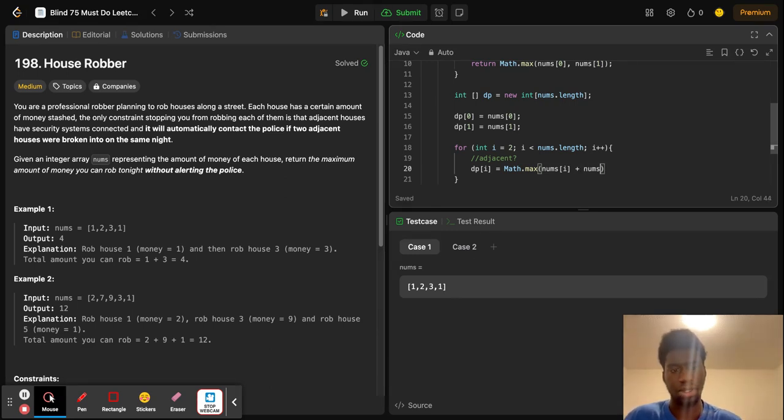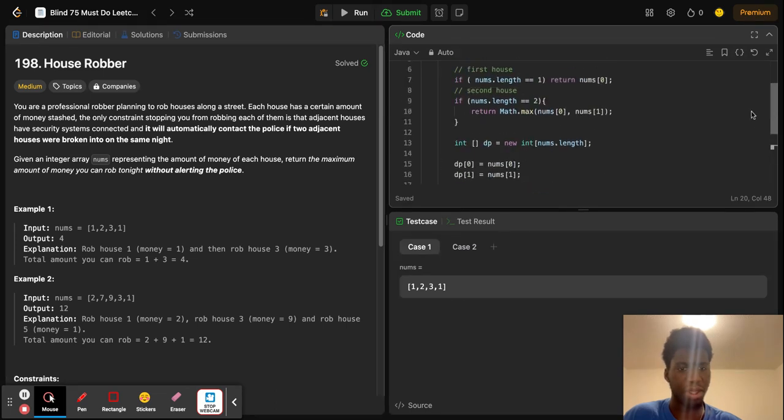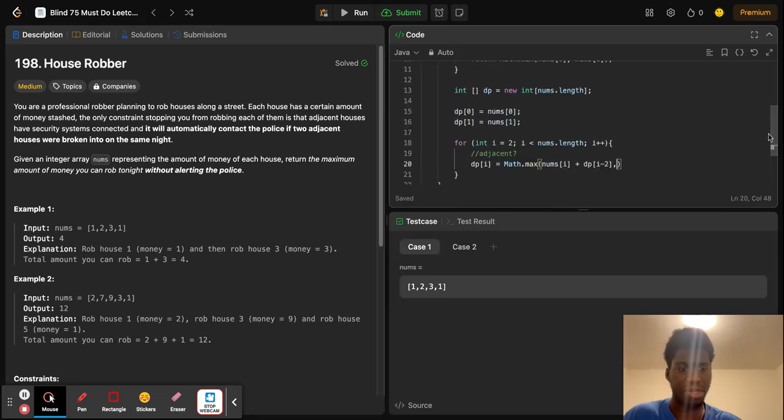So nums at i plus dp at i minus 2, and the other one is dp at i minus 1, because we're getting this here instead of nums, because nums would not be adjacent.